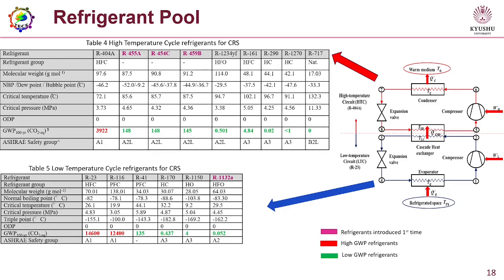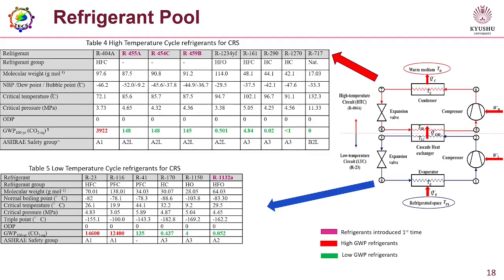R23 and R404A were used as a reference pair for comparison in this study. For the high temperature cycle and low temperature cycle, different low GWP refrigerants like HFC, hydrocarbons, and natural refrigerants were selected.